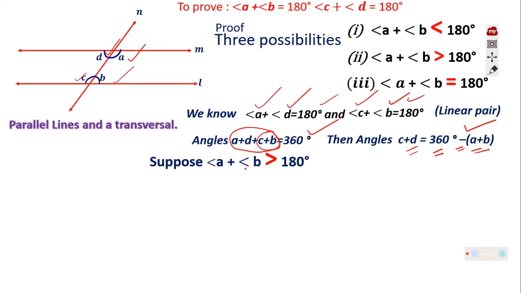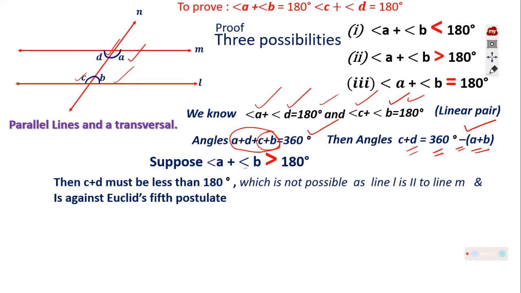If A plus B is more than 180, then what remains for C plus D will be less than 180. So we must say that C plus D must be less than 180 then.